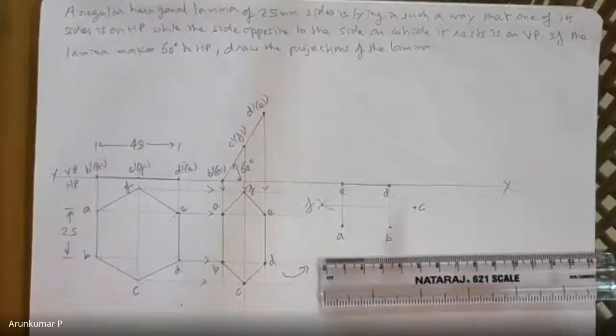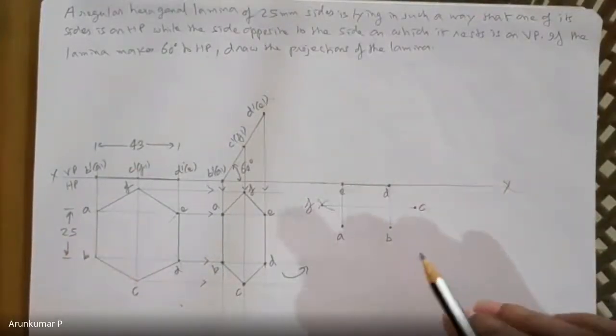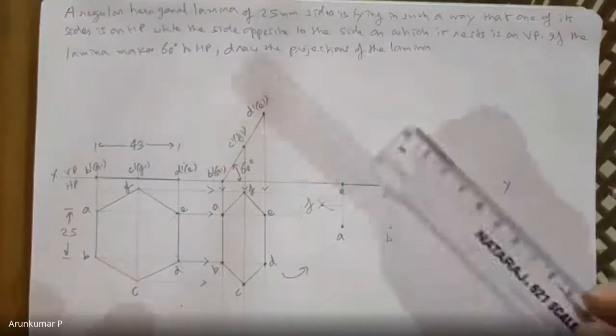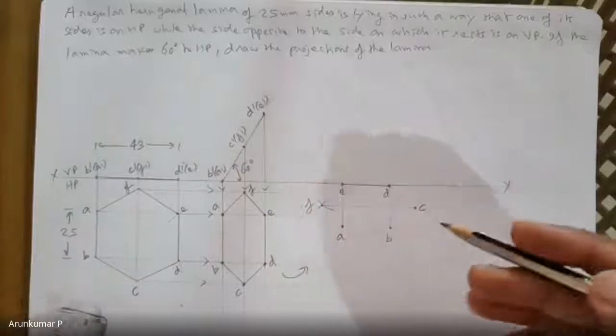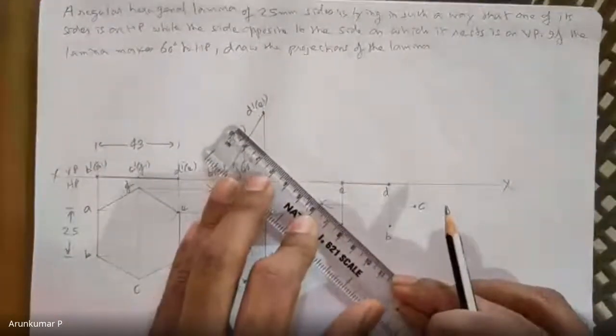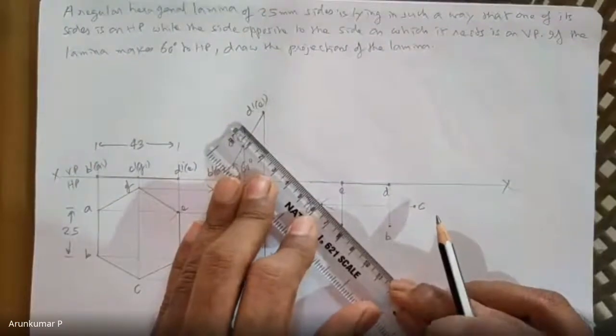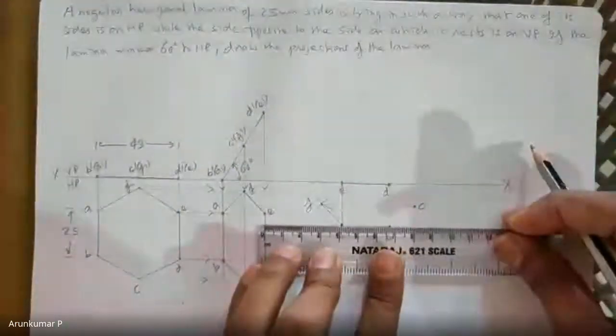Yeah, another way. There are a lot of different methods you can use. You can use your rounder, you can use your scale, and you can construct and get the points. It is up to you which one you use, which one you find more accurate, and which one is faster, because speed also matters.